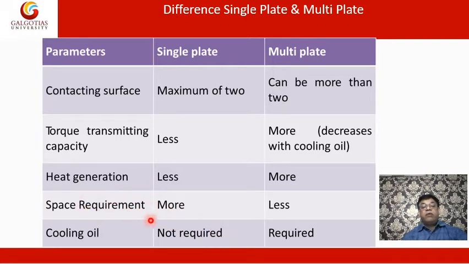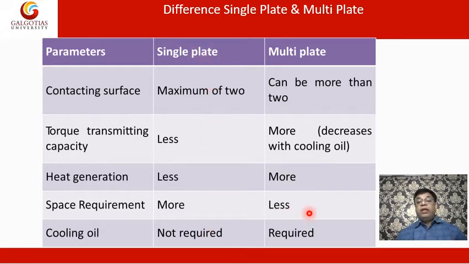Now the space requirement. Based on space requirement, the single plate clutch requires more space. So this single plate clutch is more suitable where we have a large radial distance, so in the application of trucks and cars, we can use this single plate clutch.